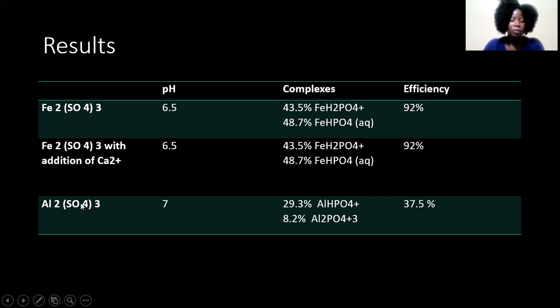But for aluminium sulfate, which was at pH 7, the aluminium bonded with phosphate up to only 37.5%. So from these results, we can clearly interpret that iron sulfate and iron sulfate mixed with calcium were most effective at removing phosphate compared to aluminium sulfate.